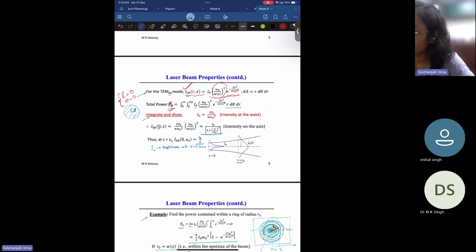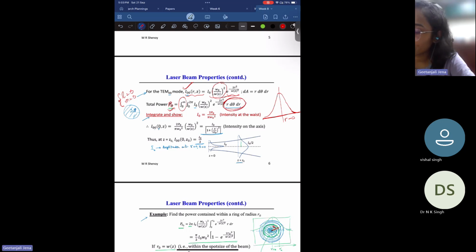If you recall for TEM00, as we move away from the center, the intensity gradually decreases. So as r increases, the intensity gradually decreases. That is why we have taken the integration from 0 to infinity. This is the circular cross section, r dr d theta.